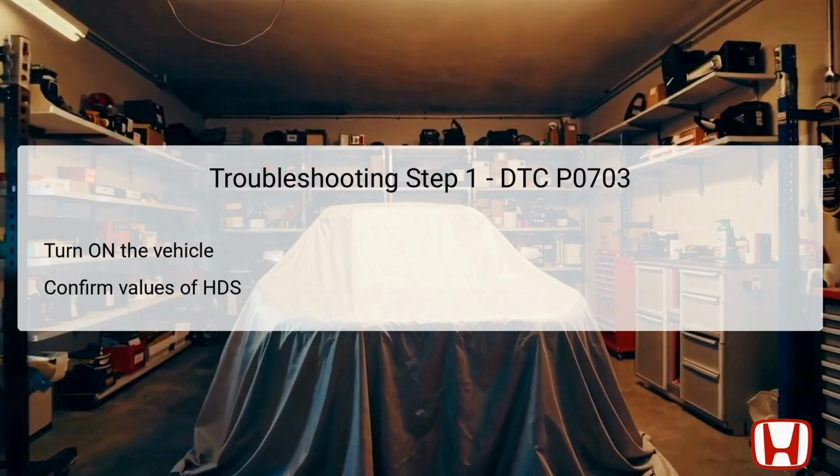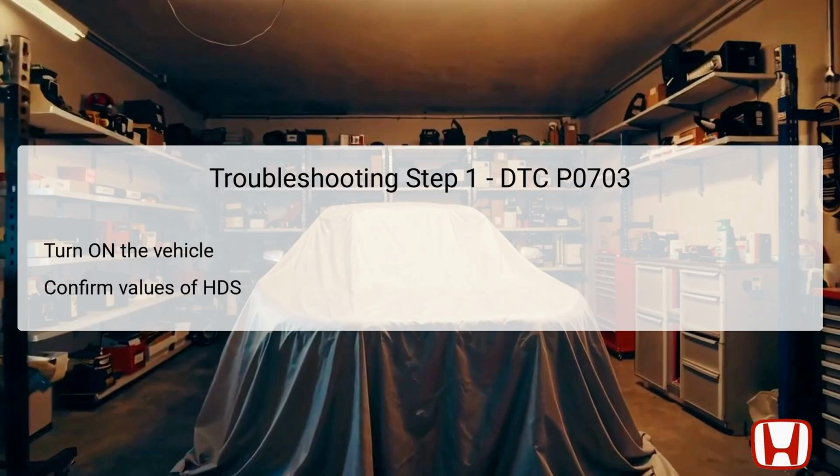The first troubleshooting step involves setting the vehicle to the on mode. This prepares the systems for diagnostics. Once in this mode, you will check the Honda Diagnostics System, HDS, for the cruise brake switch idle stop switch value while pressing and releasing the brake pedal.